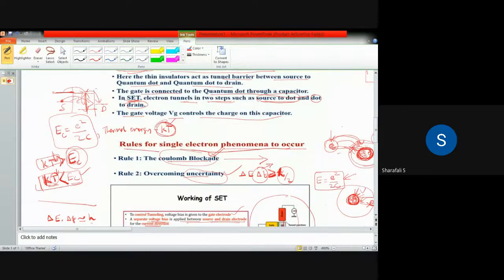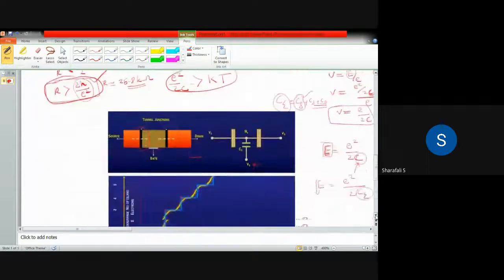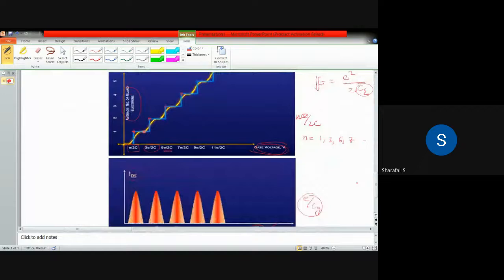So these two conditions have to be followed. And all other things we have explained, how it works, what the structures and applications are.